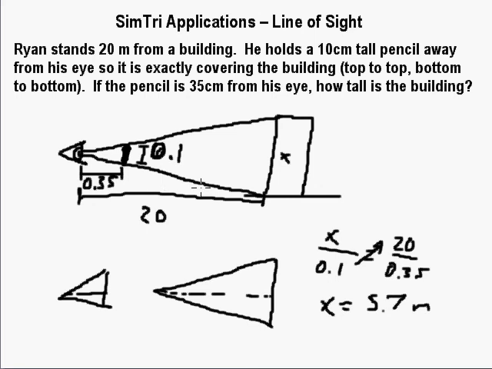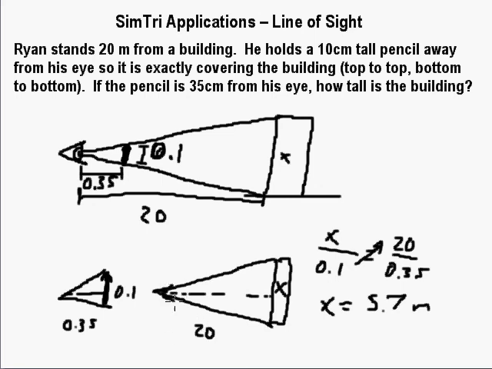So, this is a little bit complicated, but remember that what you're getting here is two triangles again. Your big triangle is seeing over the pencil to the building. The big triangle is from your eye all the way to the building. And the little triangle is just from your eye to the pencil. So here, this was 0.35 away, this is 0.1, this is x, the height, and this is 20.